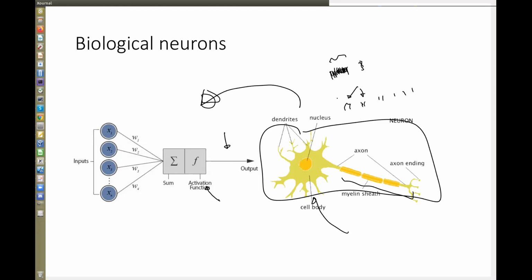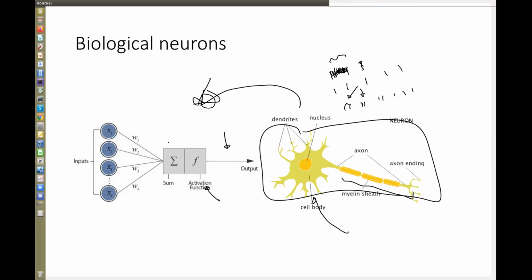If it's not activated, it will send a less densely packed signal. But anyway, let's go back to this artificial neuron.